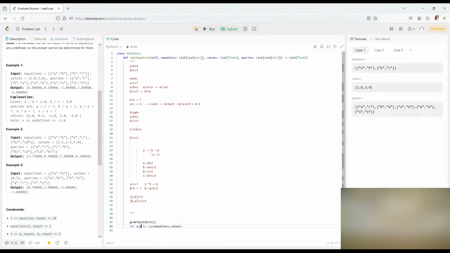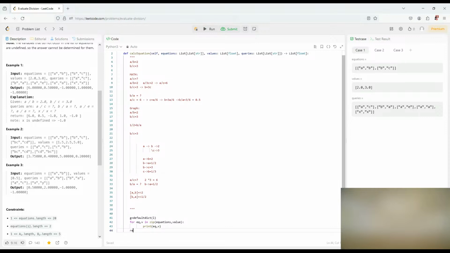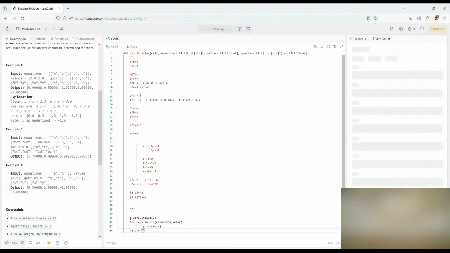Follows AB, and then okay, let's try this as a Q and a W, E, and then just print Q and we need to return something, an empty array.